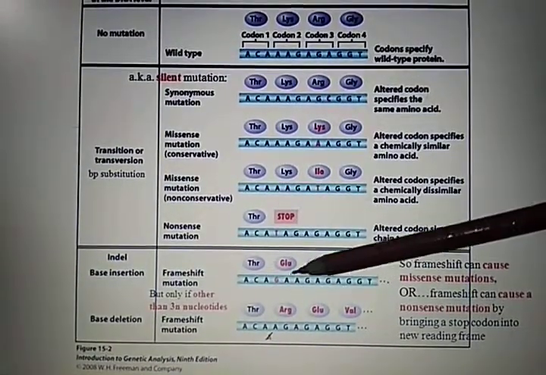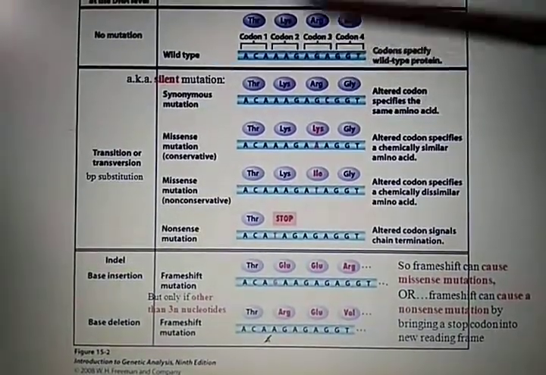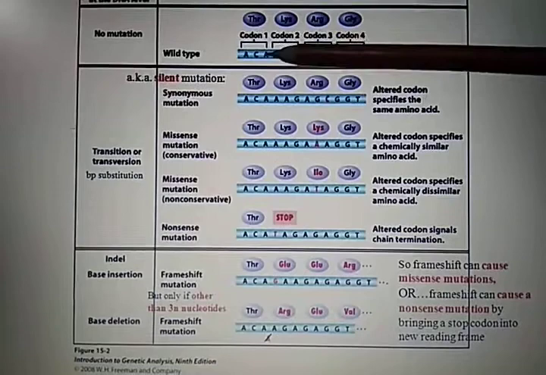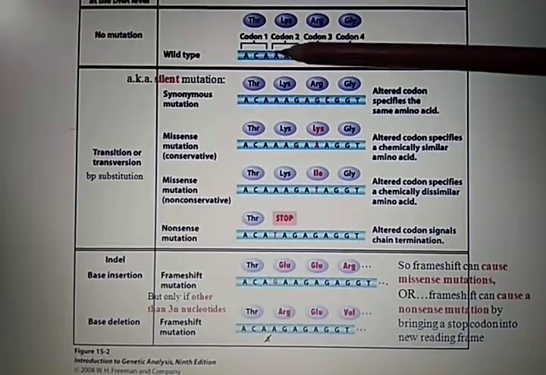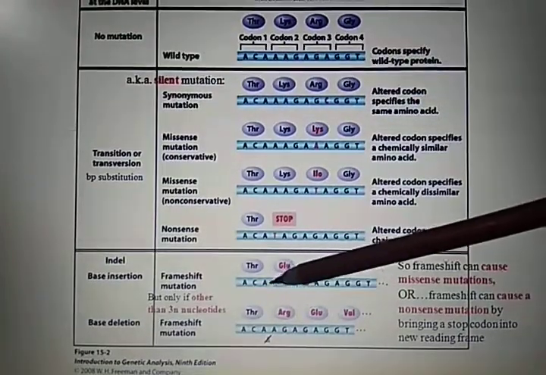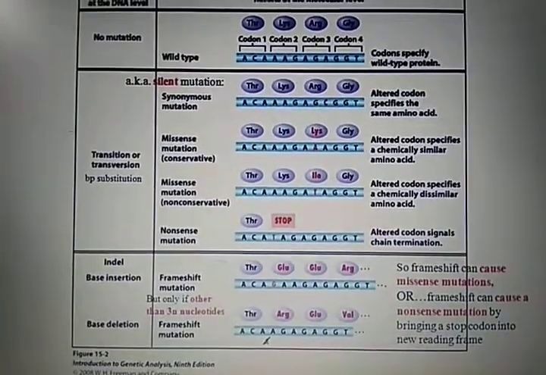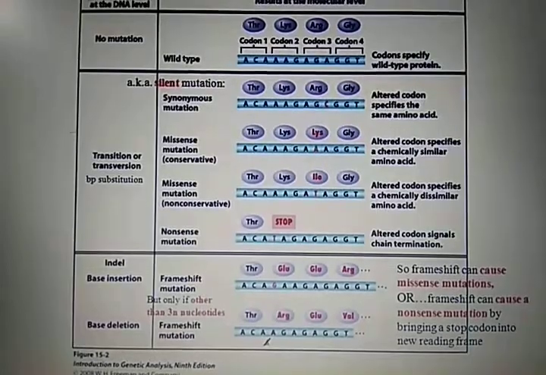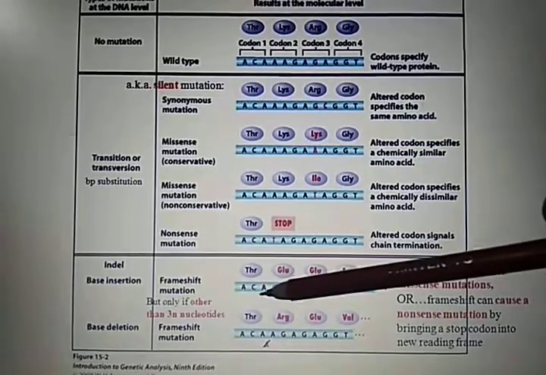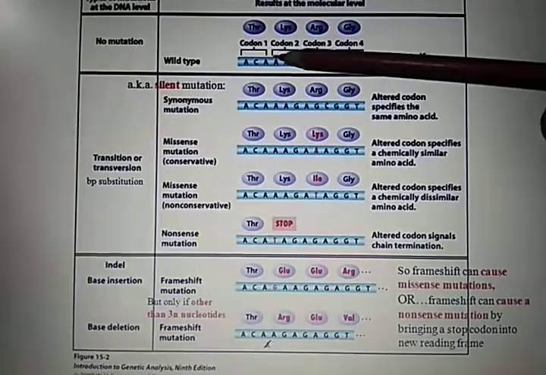Actually, frame shift mutation basically occurs due to addition or deletion. You can understand this one. It is not replaced, sorry, it is duplicated or added. So ACA is the first codon, AAG is the second codon. If from somewhere G gets incorporated here, then due to the genetic rule, which states that the genetic code is triplet in nature, when you group it into triplets, the first group is ACA, that is unchanged, but the second group becomes GAA due to addition of G here.